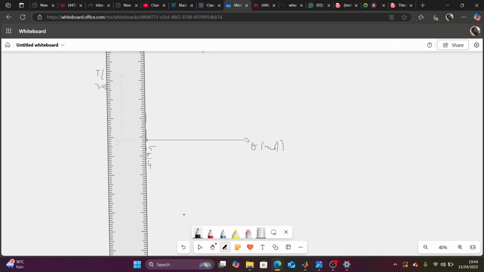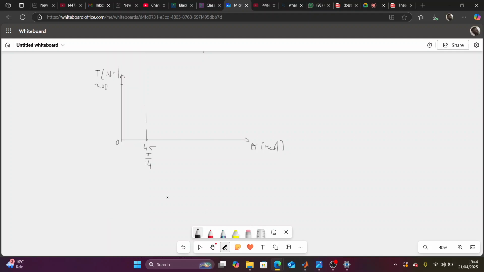Can I just draw with free hand? Yeah, it's fine. Do you agree that this is pi over 4, right? They said it goes from 0 to 300 over 45 degrees. So it means from 0 to 300, you have this line here. This is not nice. It's not looking good. You are not seeing what I want you to see.